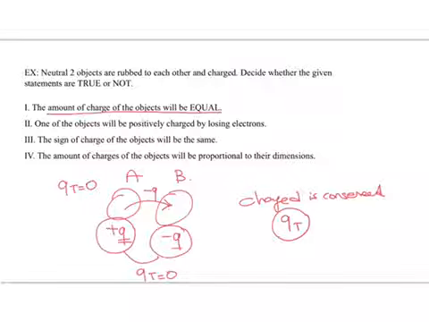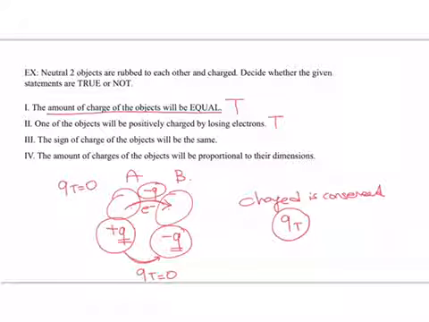The amounts are equal, but the signs are different, so the first statement is true. Second: one of the objects will be positively charged by losing electrons. Yes, A is positively charged by losing electrons because the negative charges are carried by the electrons, so this is also true.